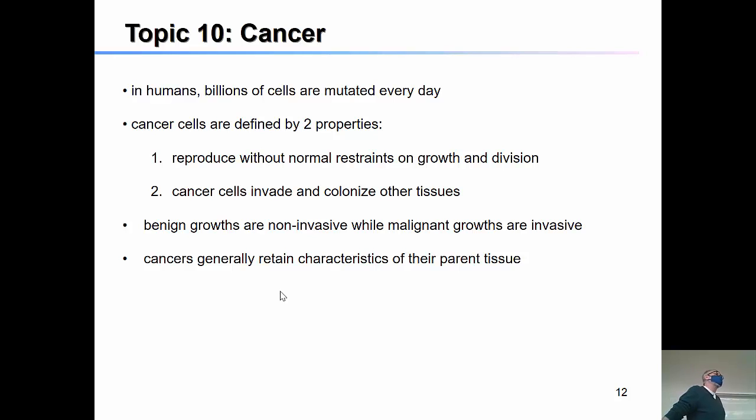And cancers generally retain some of the hallmarks or the features of their parent tissue. The example we looked at in the last couple classes was that intermediate filaments are often retained. This, again, can be beneficial for helping us to treat a cancer if we know what the parent tissue is.